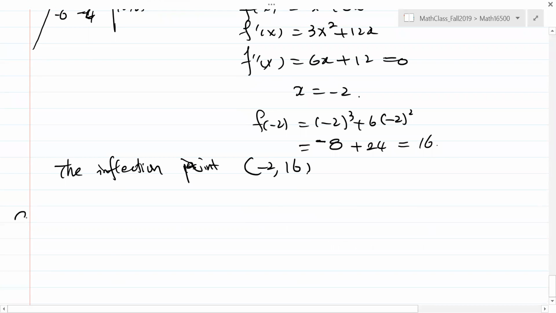All right, let's try another function. We did it before a couple of times. We sketched the graph. Can you sketch the graph?